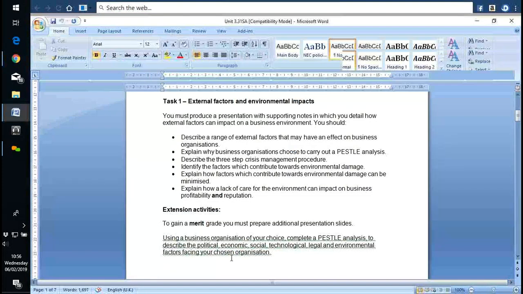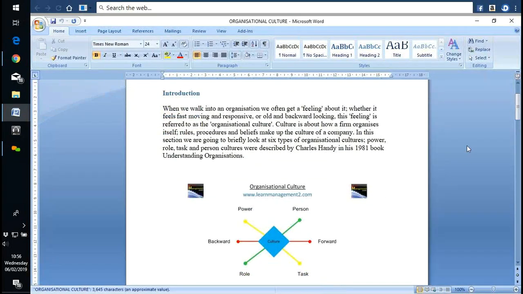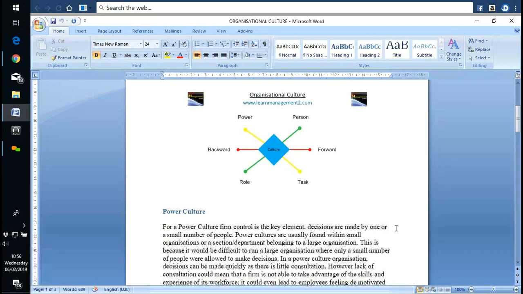There are different types of culture: person-centred, forward-looking, task-oriented, role-oriented, backward-looking, and whether they're just a power organisation.